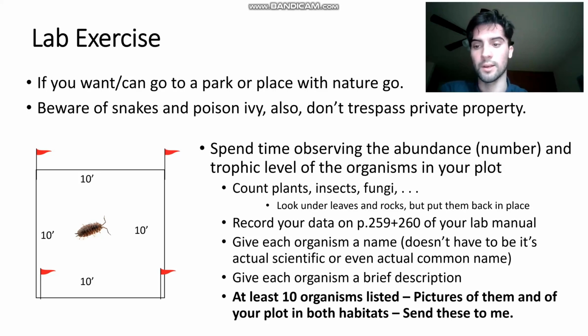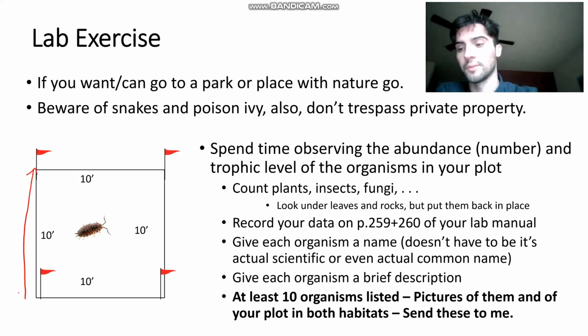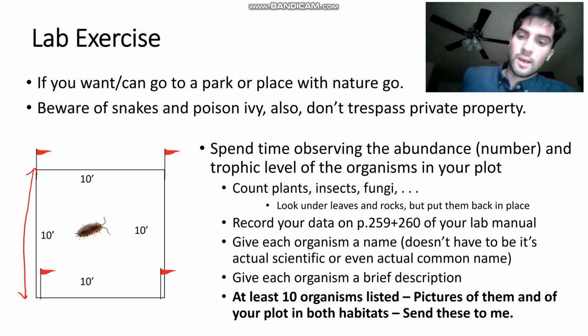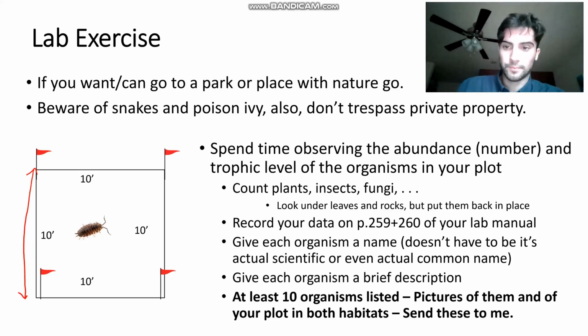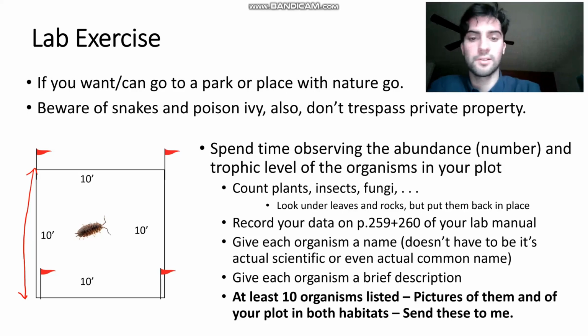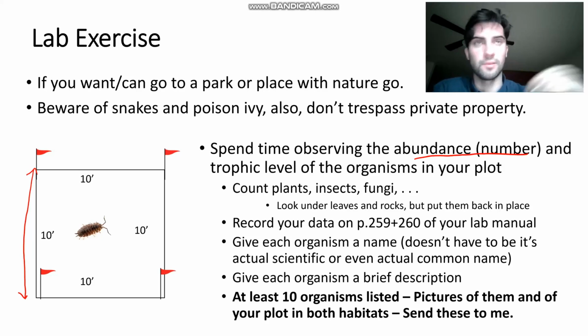Okay, and you'll do a plot like you did before for Lab 8. 10 feet by 10 feet, 2 meters by 3 meters, and just spend some time observing the abundance, the number of organisms, and the traffic level in your plot. So basically, you go to a place, make a square, and then count all of the species that you can see of plants, of fungi, of animals.